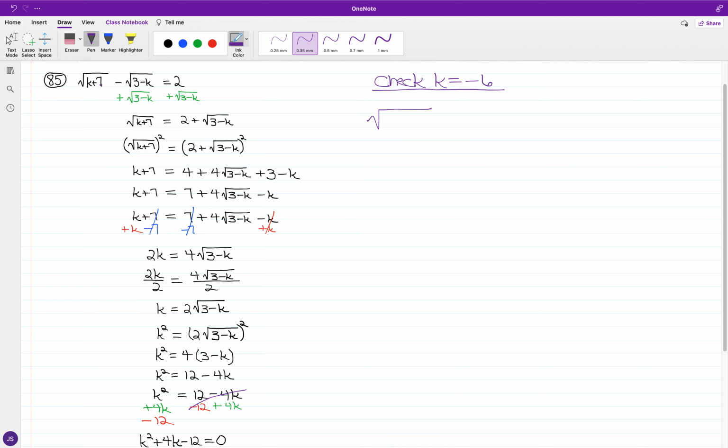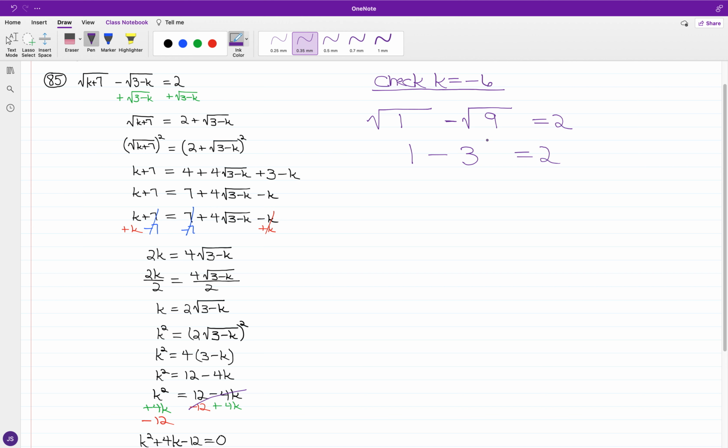If I plug in negative 6 for k, you have negative 6 plus 7, which is 1. So you have the square root of 1 minus the square root of 3 minus negative 6, which translates to 3 plus 6, so this is going to be 9. The square root of 1 reduces to only 1, and then we have subtraction. The square root of 9 is going to be a 3.